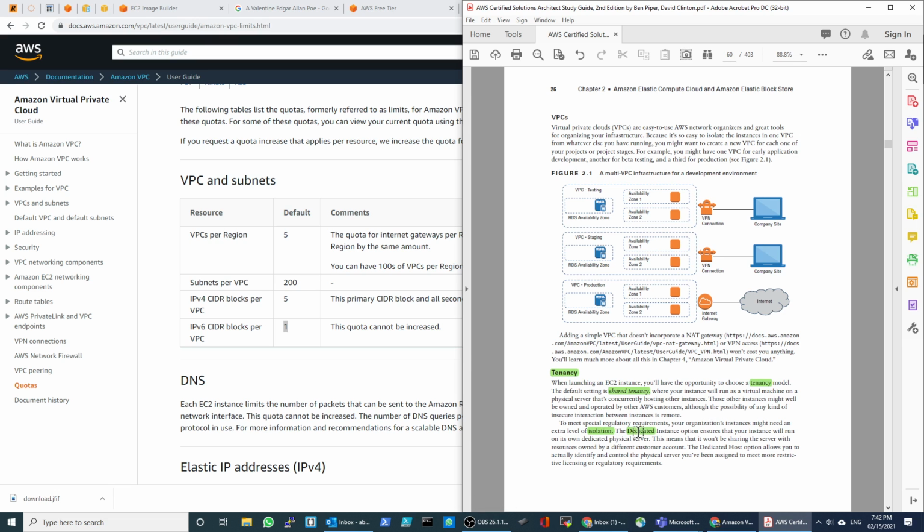Then you go for the dedicated instance option, to ensure that your instance will run on its own dedicated physical server. This means you won't be sharing the server with resources owned by different customers. The dedicated host option allows you to actually identify and control the physical server. So it's a step up.